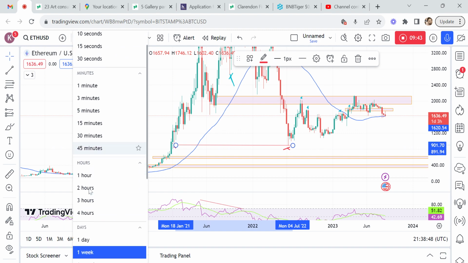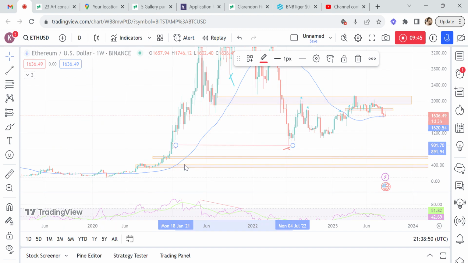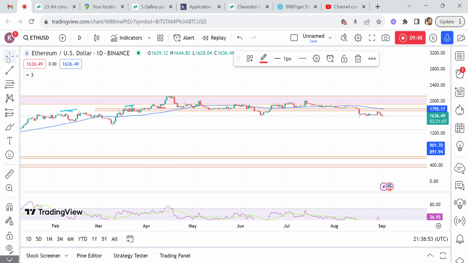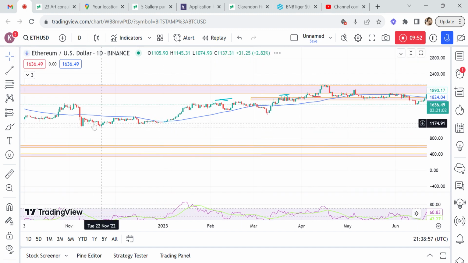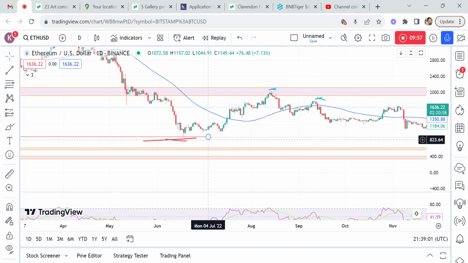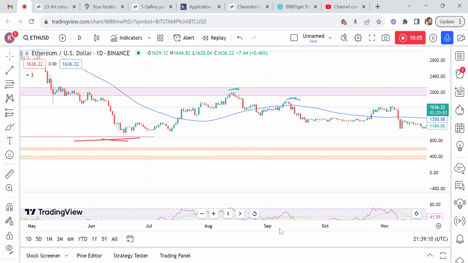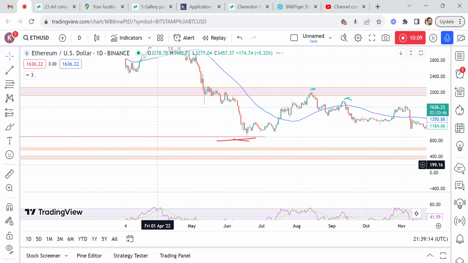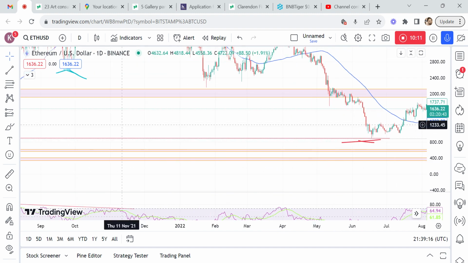So let's go on to the daily for you to appreciate that there is actually a reversal there, like a low there. So let me scroll to our website. Okay, so this is the first level. Okay, let's go back.